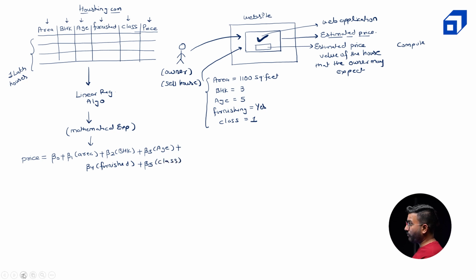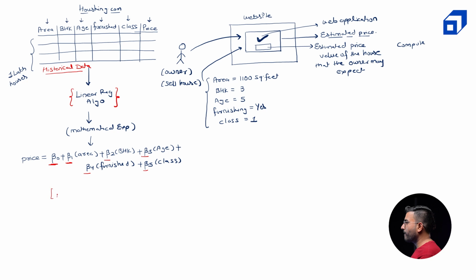But as of now, you can see one thing, that I do not know the value of beta naught, beta 1, beta 2, beta 3, beta 4, beta 5. How can we figure it out? This is the task of the linear regression algorithm. So my algorithm will utilize this historical data to figure out these parameters.